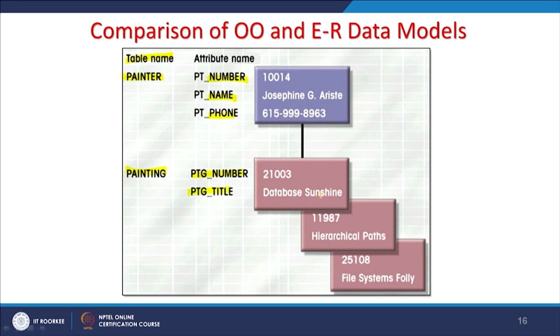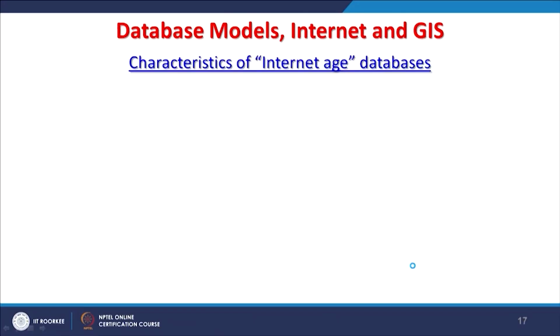Here we have a database with a hierarchical path and file system folder, whereas in the case of the other database model, things might be different.